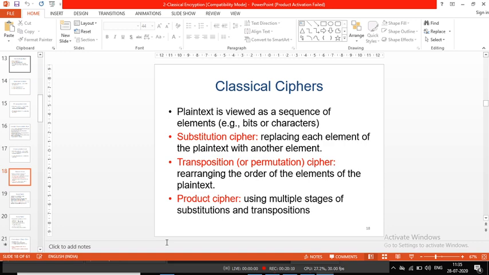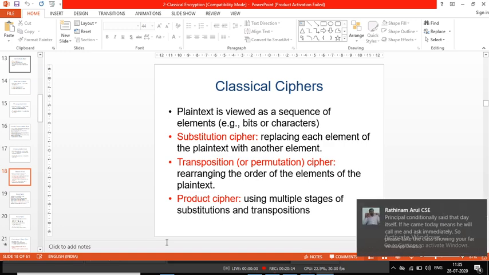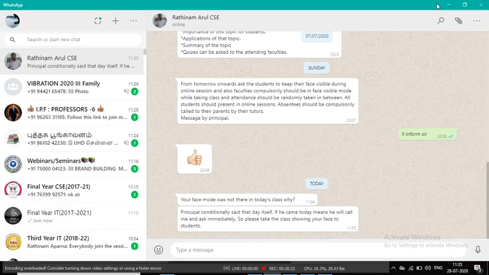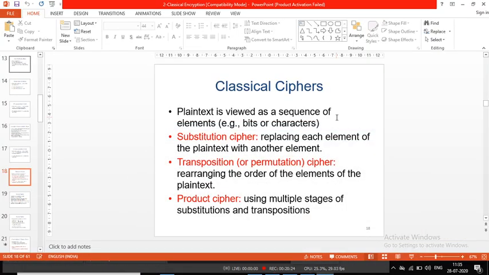Third one, Playfair cipher. Fourth one, Hill cipher.